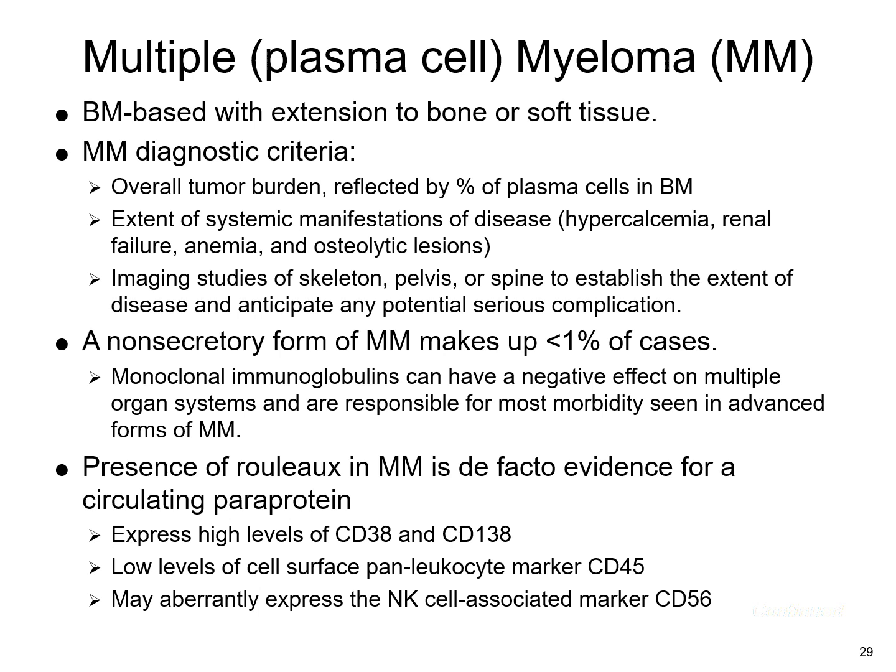Now, the monoclonal immunoglobulins in these patients can have a negative effect across multiple organ systems, and so they can be responsible for the morbidity that we can see in some of the more advanced forms of multiple myeloma.